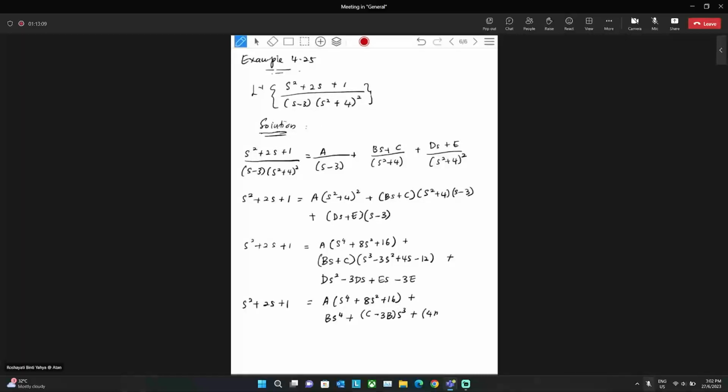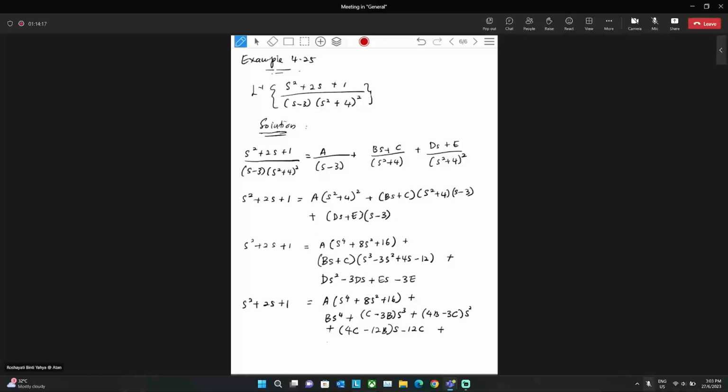Plus 4B, for S squared 4B, minus 3C S squared, plus, for S only, for C, and then 12BS, for C minus 12BS, and then minus 12C.